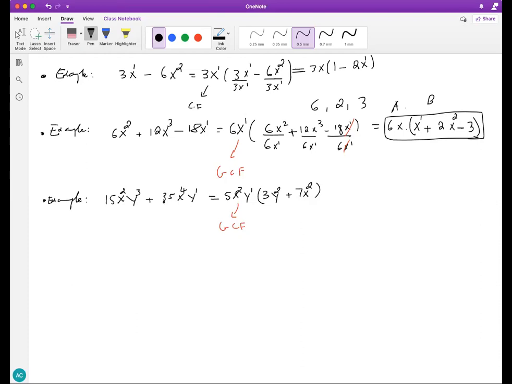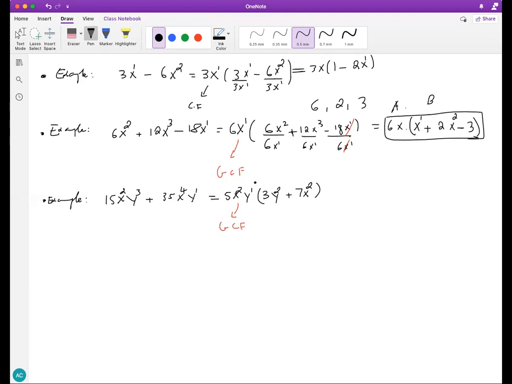See, we turned it into a product. We have a factor here times another factor. How do you double check if you got the right factoring? You can distribute.